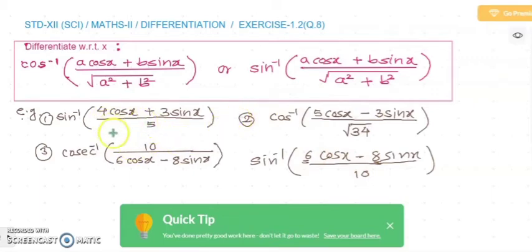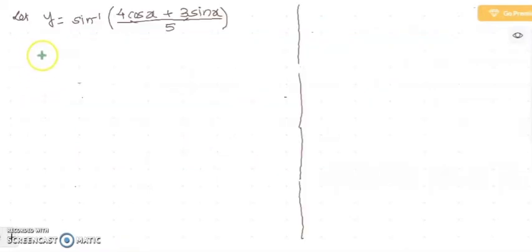So let us solve a few of these examples. Let's start with the first example. y is equal to sin inverse of (4 cos x plus 3 sin x) upon 5. Now you can write this as y is equal to sin inverse of, writing 4 cos x upon 5 separately and 3 sin x upon 5 separately.